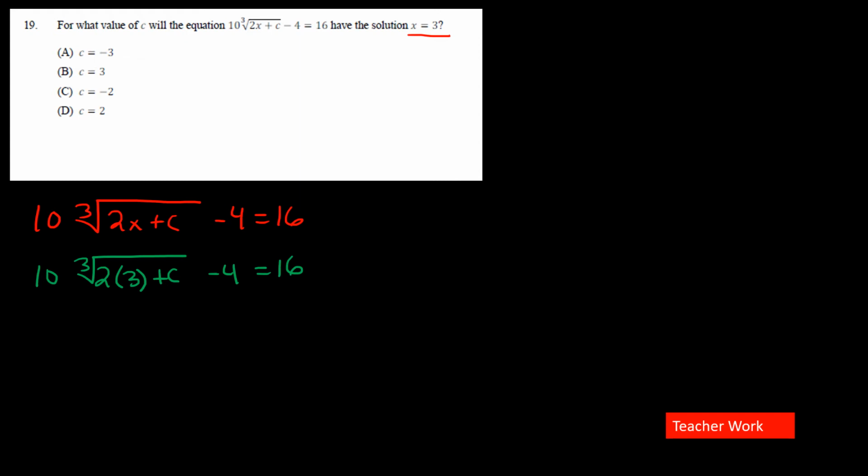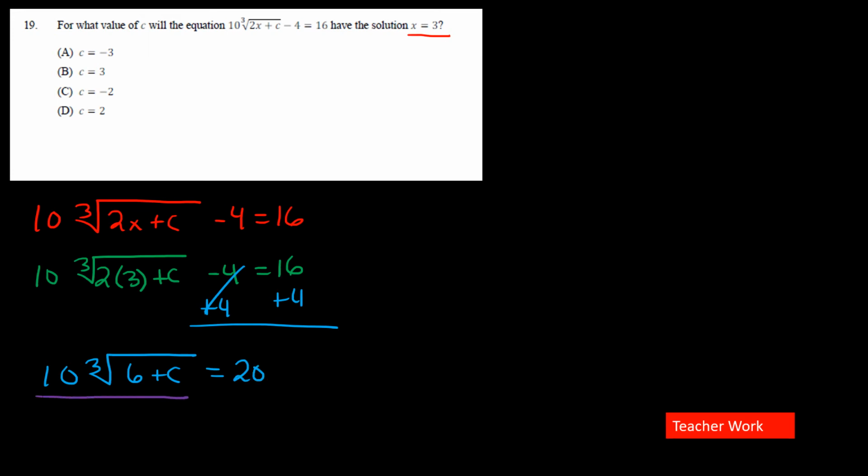So then what we're going to do is add 4 to both sides. This simplifies out. I get 10 cube root, 2 times 3 is 6, plus c equals 16 plus 4 is 20. We then need to divide both sides by 10 because we want to isolate this radical. I'm going to continue my work over here.